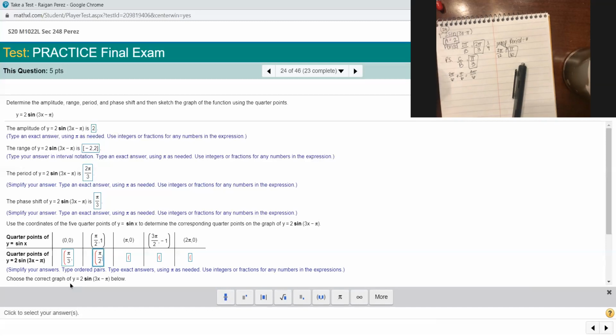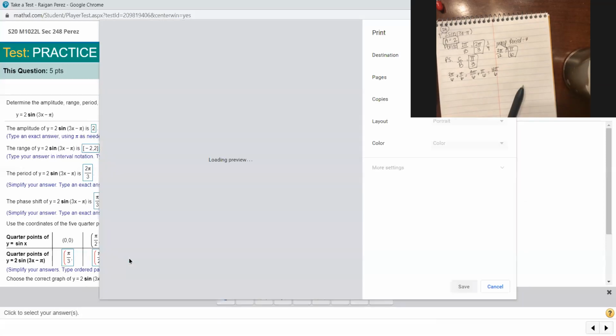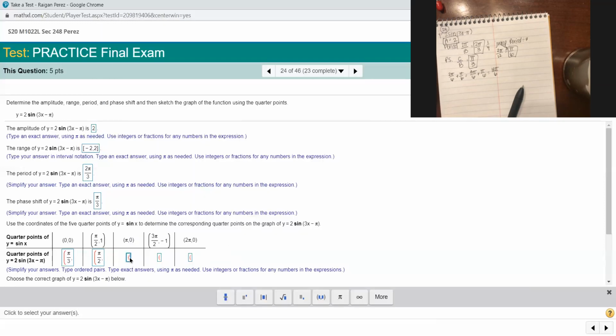Oops. And then 3/6 plus another 6 would be 4 pi over 6, which is the same thing as 2 pi over 3. Right here, 2 pi over 3. Add another 6, so we get 5 pi over 6.